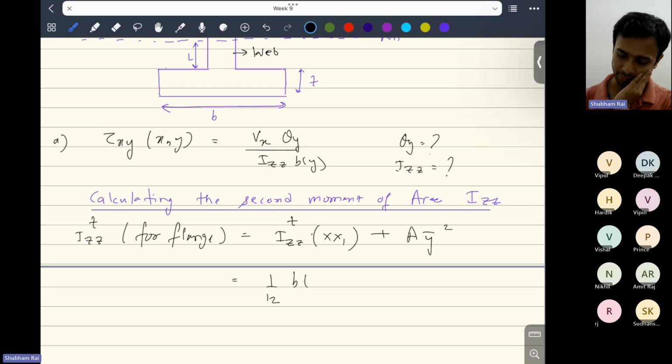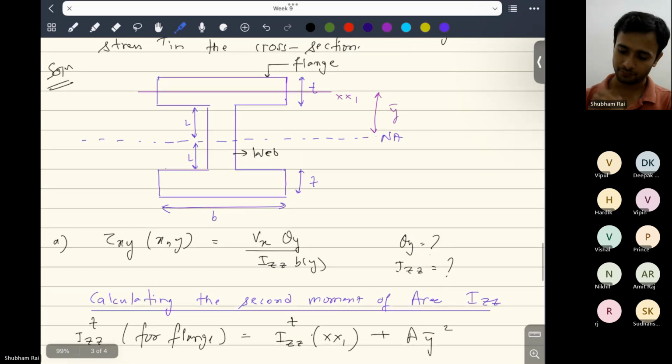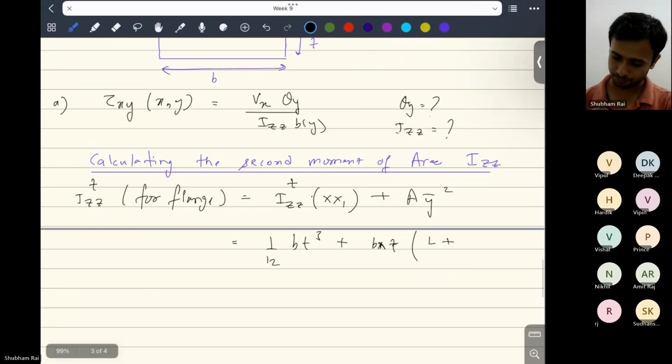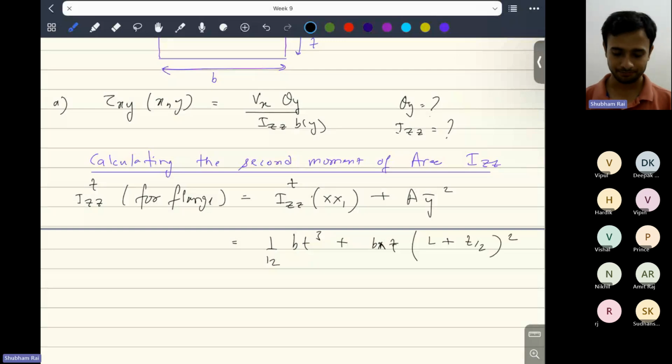It will be 1 by 12 B T cube plus area of the flange, B times T, and the distance of the centroid of the flange from the neutral axis will be L plus T by 2, and the whole square of that obviously.